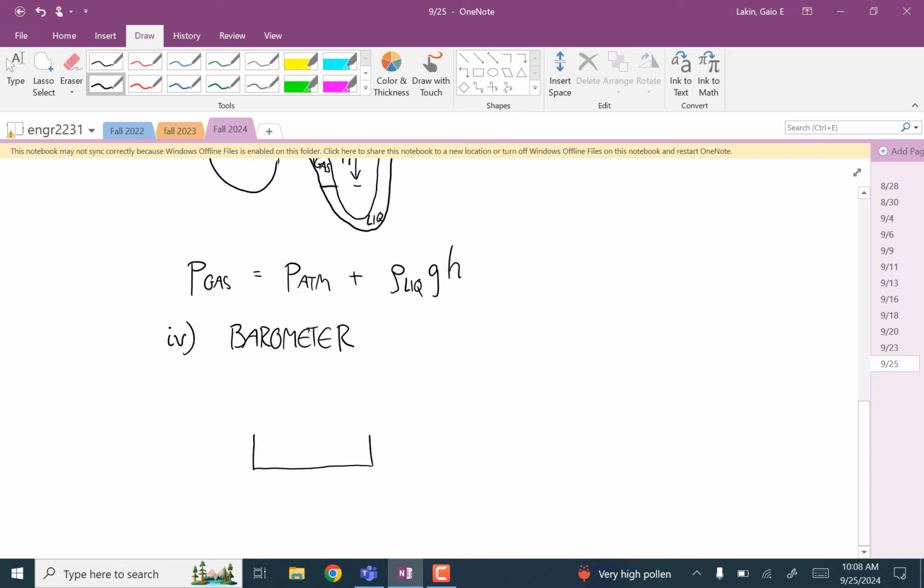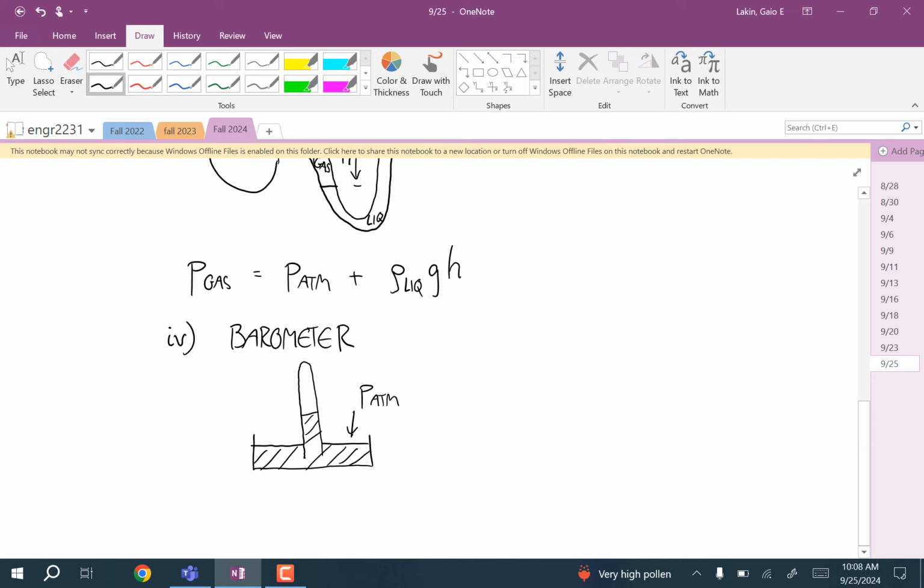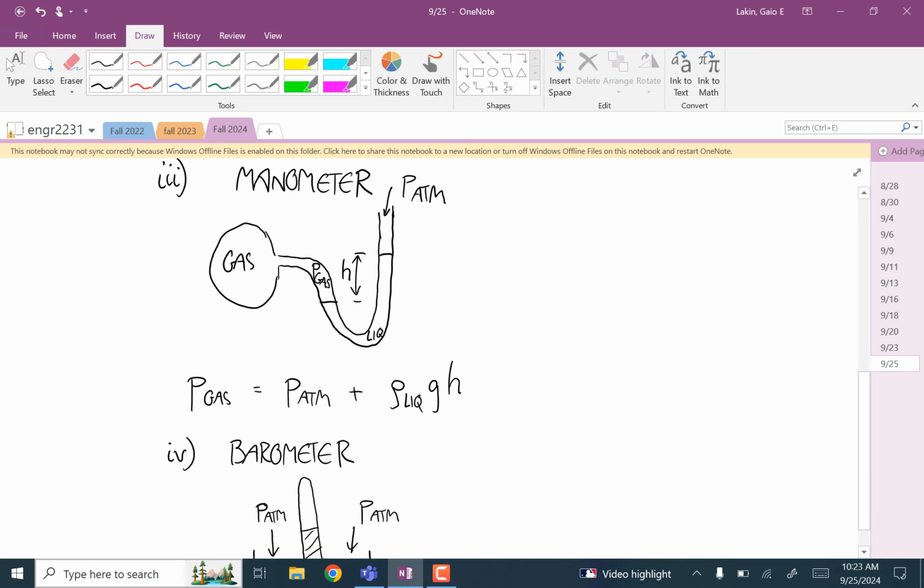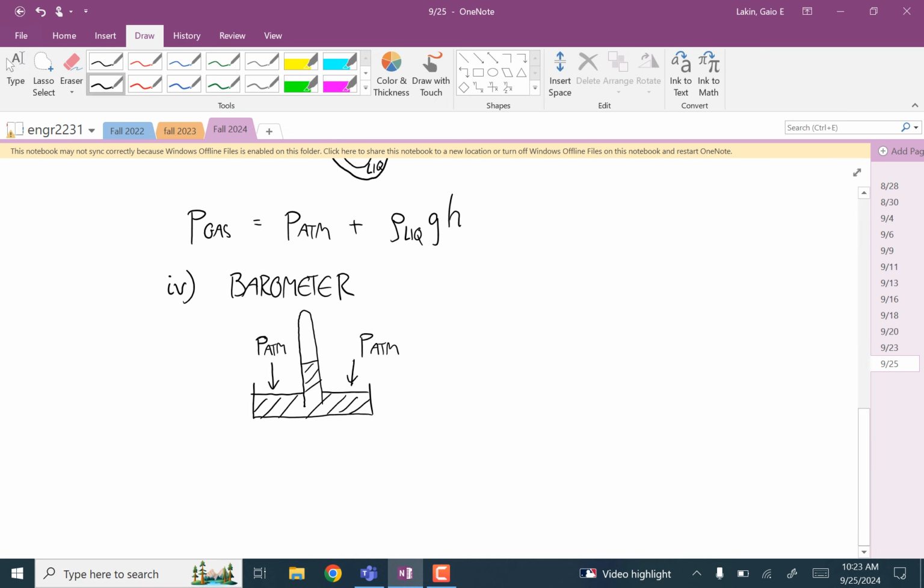Okay, and then for a barometer, this time you have a liquid in here that's open to the atmosphere. And this time you don't have an open end in the tube. You have atmospheric pressure pushing down. So the difference with a barometer compared to the manometer is the top of this column isn't open.